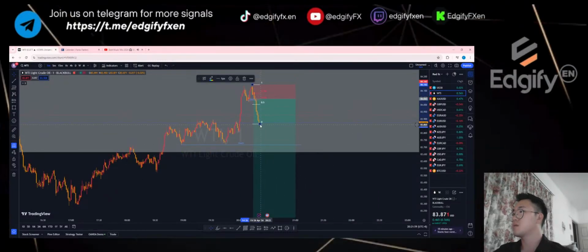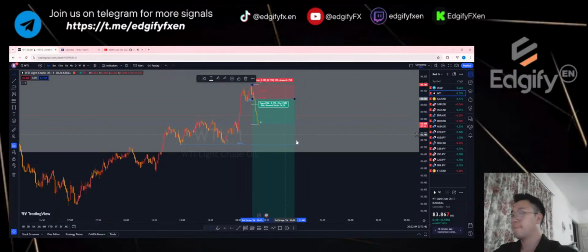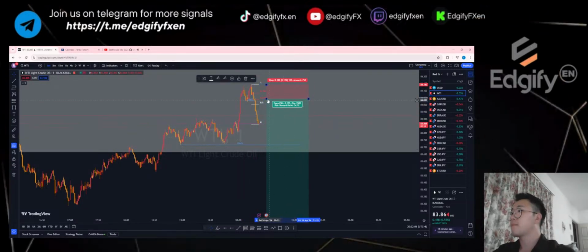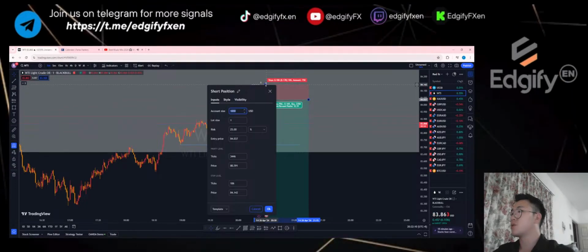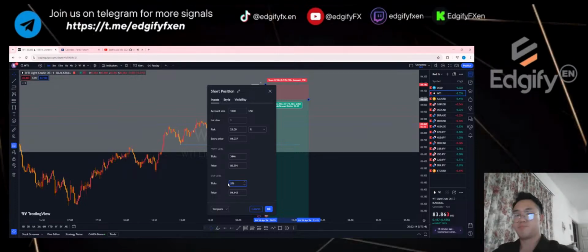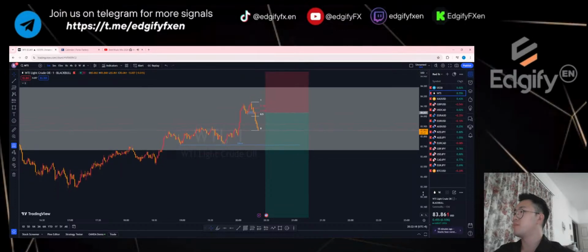It's still dumping. Right, this is the stop. I would give it a 40 pip stop in total.